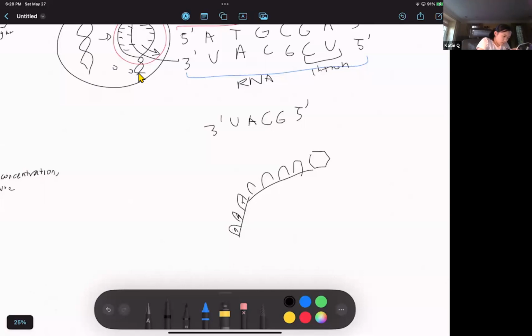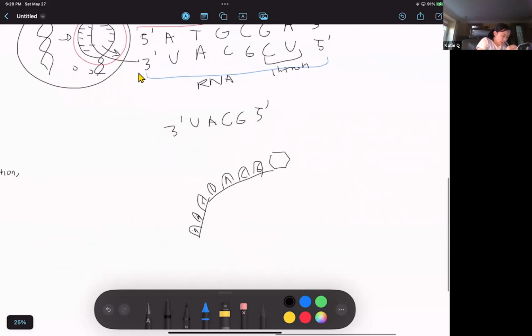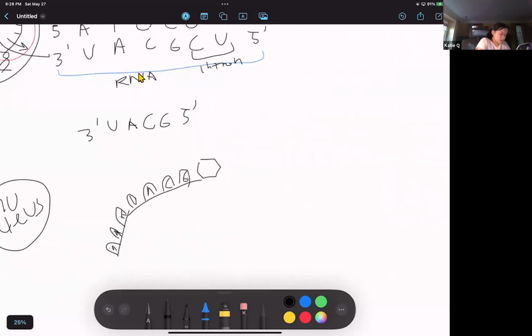The point of the methyl cap is to initiate translation, while the point of the poly A tail is to help prevent degradation of the RNA strand while it travels from the nucleus to the cytoplasm for translation.